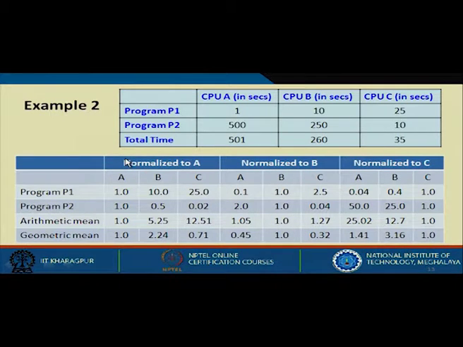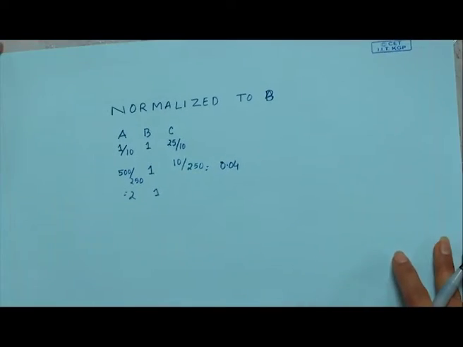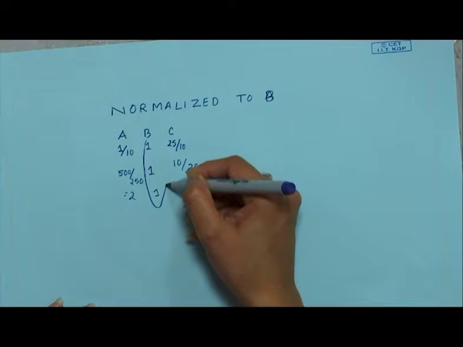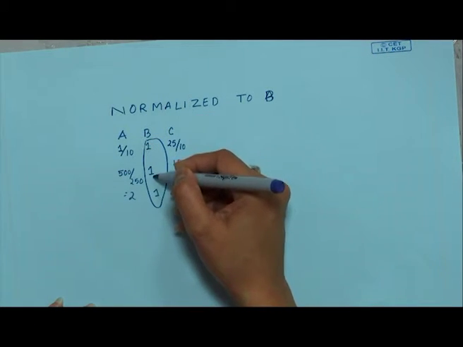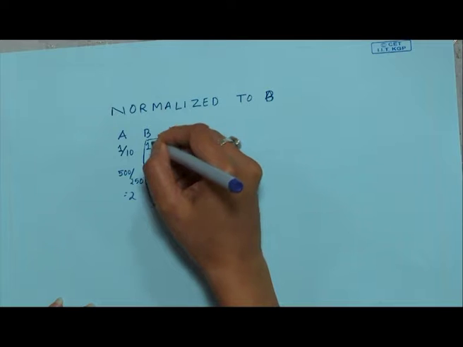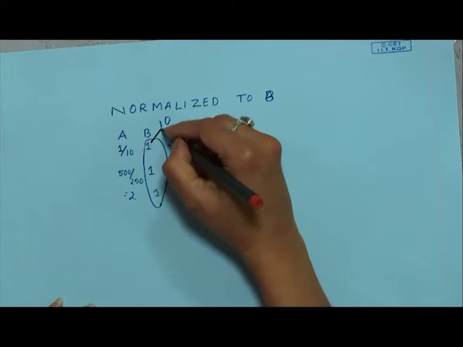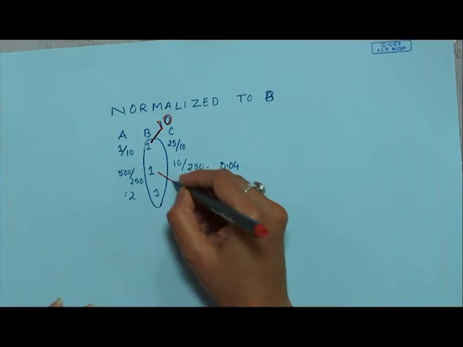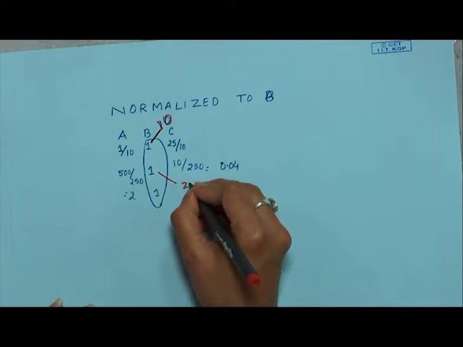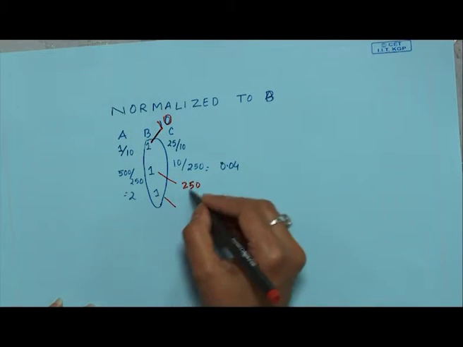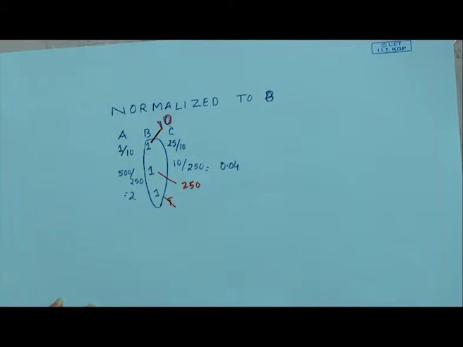Let us see how we normalize with respect to B. Similarly, when we normalize with respect to B, we have to make all these 1, 1, 1. Initially it was 10, this was 250, and this was 250. This is 10 and this is 250.